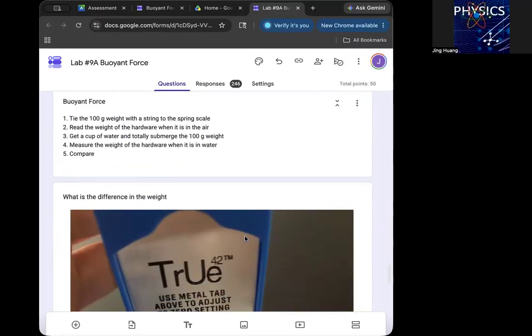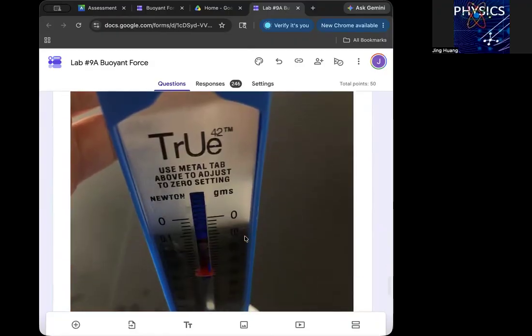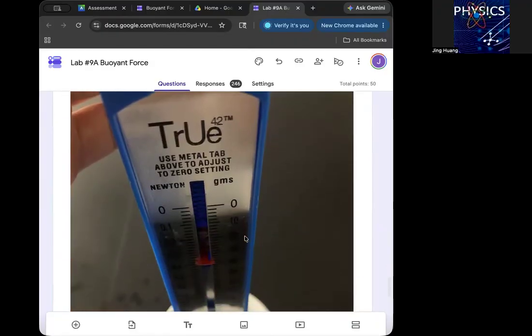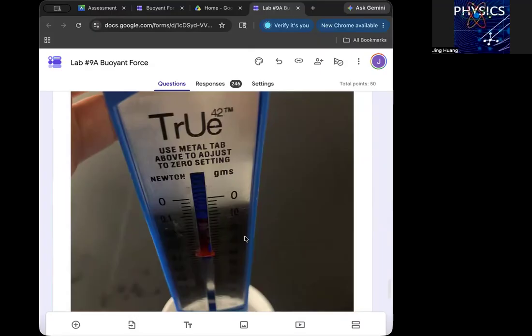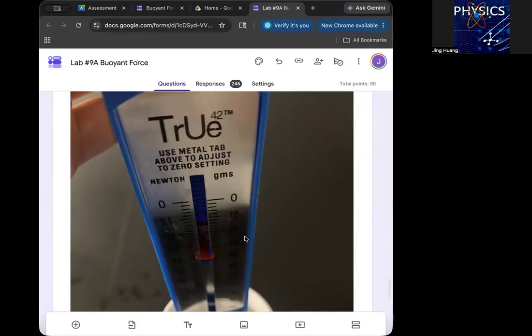In this experiment, we're going to use our Newton spring scale. We have this very accurate scale, up to 0.02 newtons. This scale has a range of 1.0 newtons.